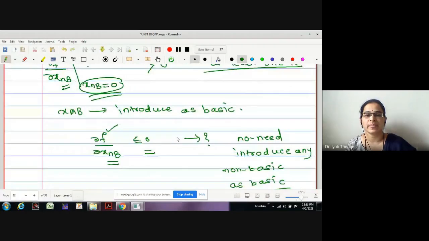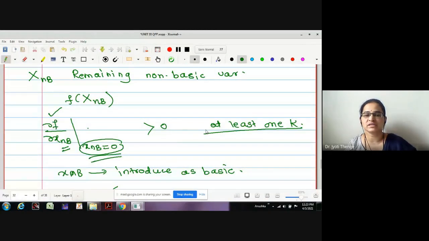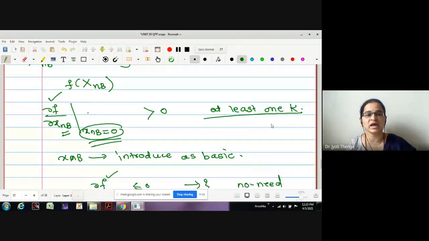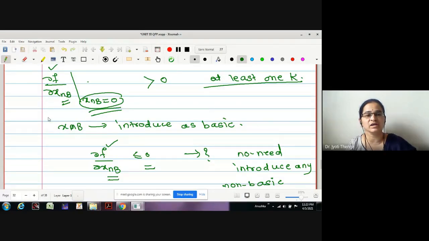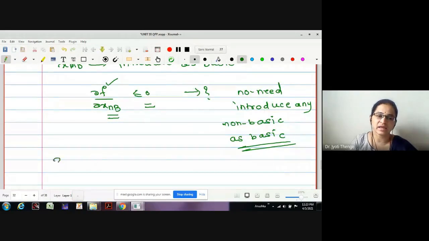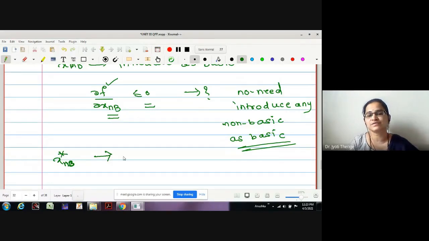If dou f by dou x_NB is greater than 0 for at least one, then we have to find the value of this x_NB, let me write x_NB star, which is found by two aspects. The first aspect: equate dou f by dou x_NB to 0 and check the value.